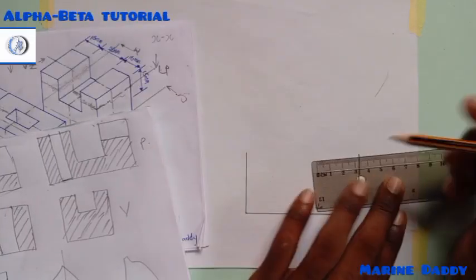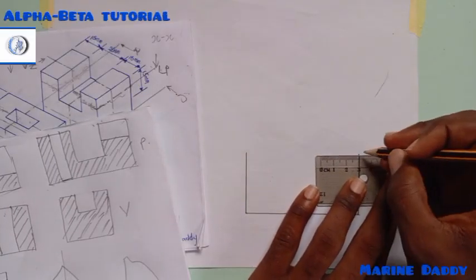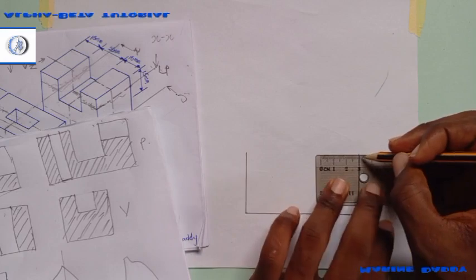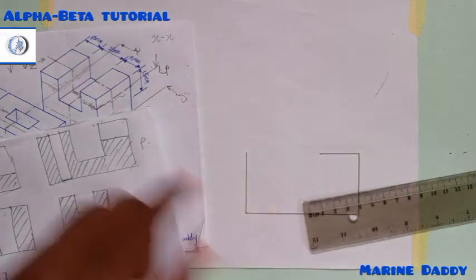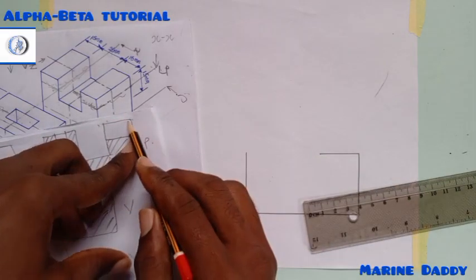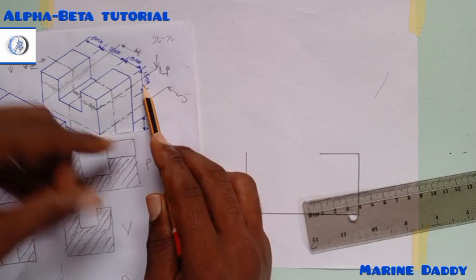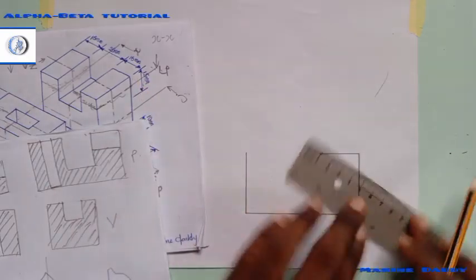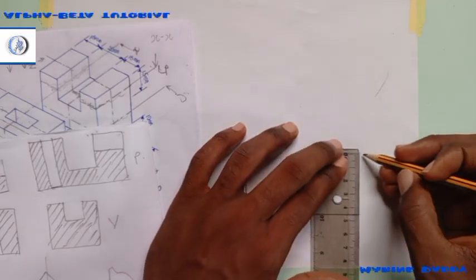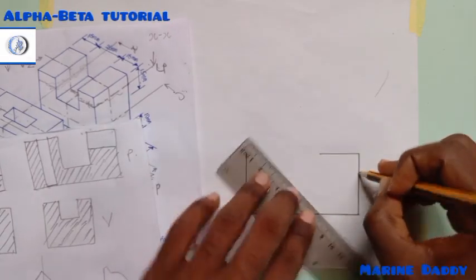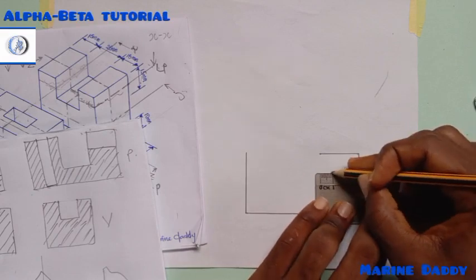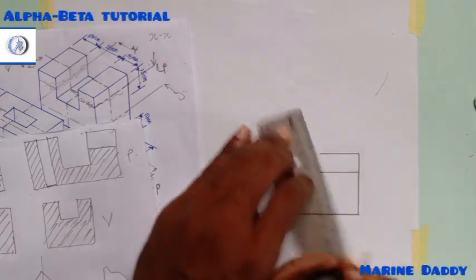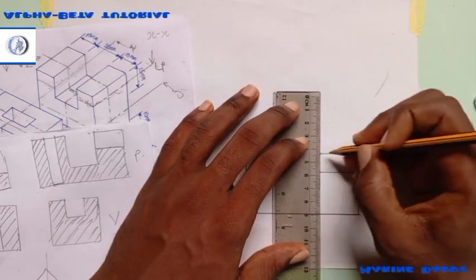So I'll come here and measure 30 to this place. The depth from here to here is how many? 15. Remember, so it's 15. So I'll measure 15. This is my 15. Then I'll close it up.